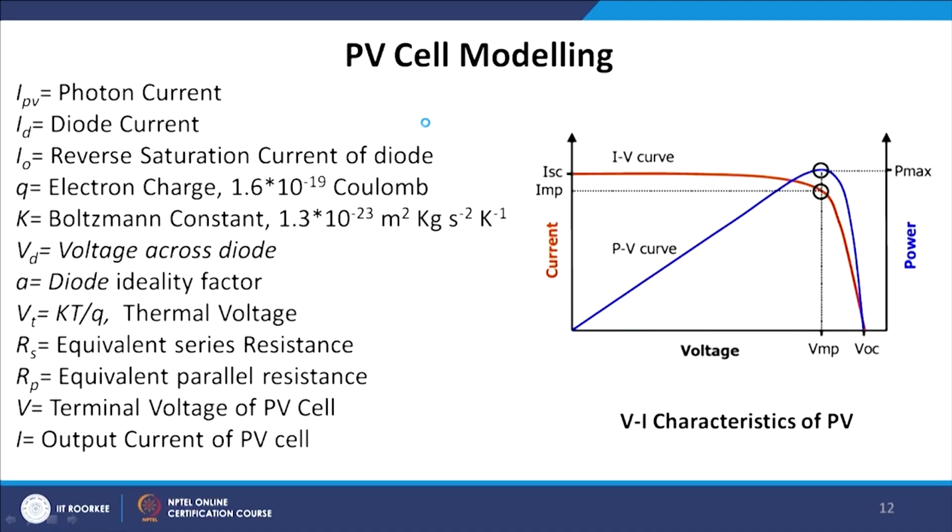Now, one more important aspect of PV cell modeling is our PV and IV characteristics. If you look into the IV characteristic of the PV cell, which is the red line, and similarly if you plot the PV characteristic, which is the blue line, you can see the IV characteristic drops drastically when my power is at maximum point.